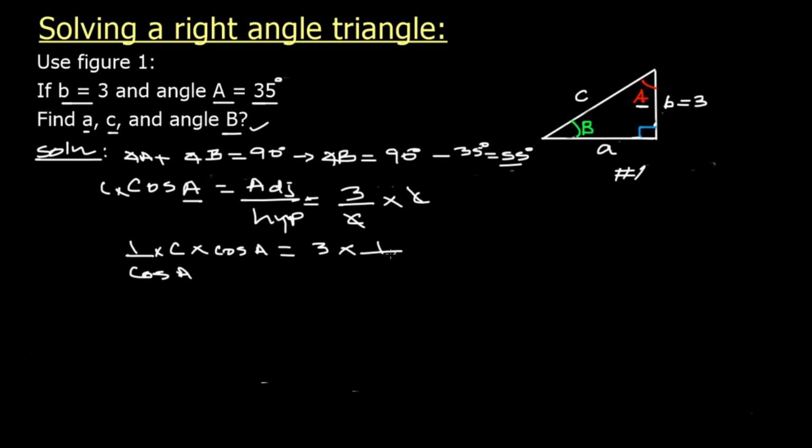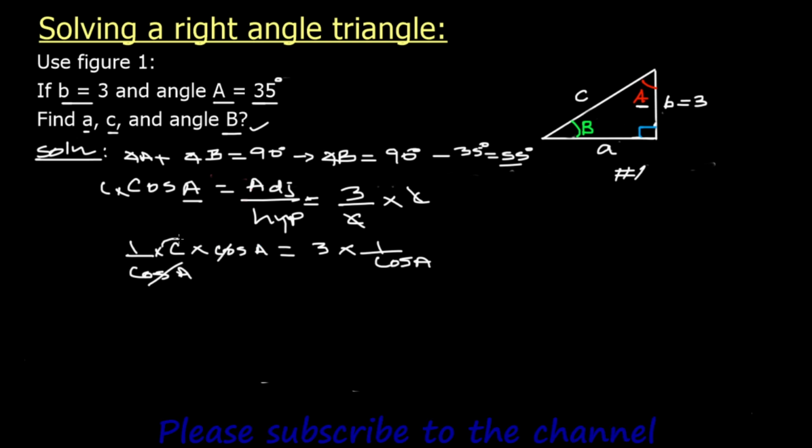So cosine A cancels out with cosine A. The value of C, which is what we're looking for, remains. So C equals 3 over cosine of angle A, which is 35 degrees.